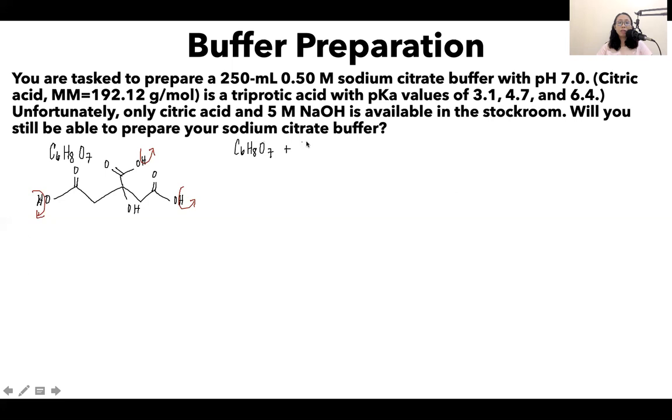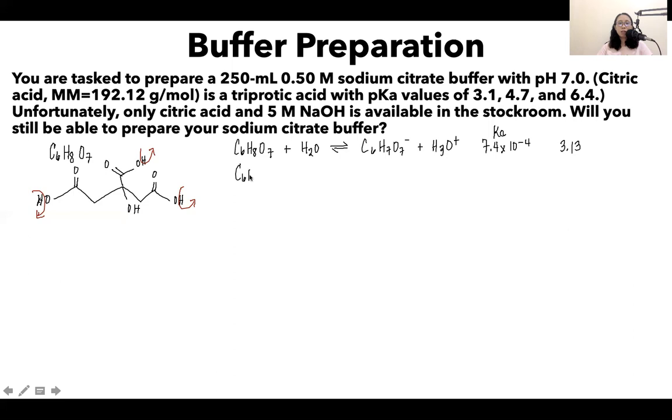So we have the first dissociation plus hydronium ion. So the Ka for the first dissociation is equal to 7.4 times 10 raised to negative 4. And if you compute for the pKa, you will get a value of 3.1 or 3.13.